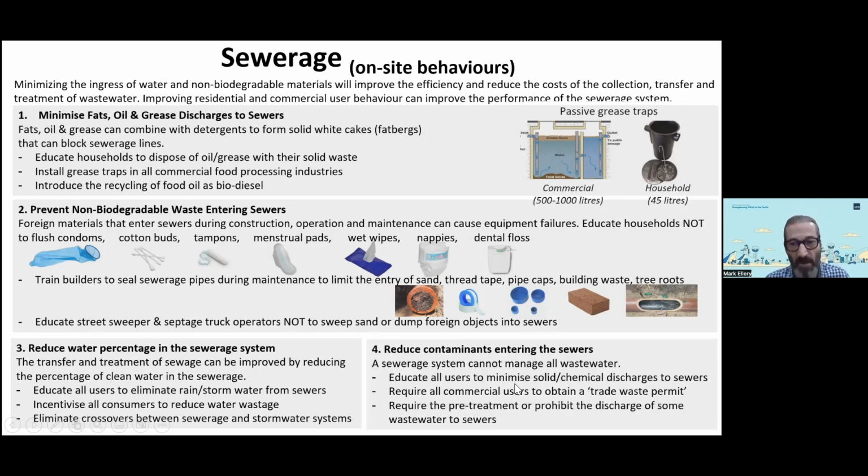And finally, there is the other range of chemical contaminants that enter sewers, and potentially processes for trade waste permits, for industry to manage the contaminants they would like to discharge into sewers, is a necessary precaution to enable the management of sewage to be optimized.